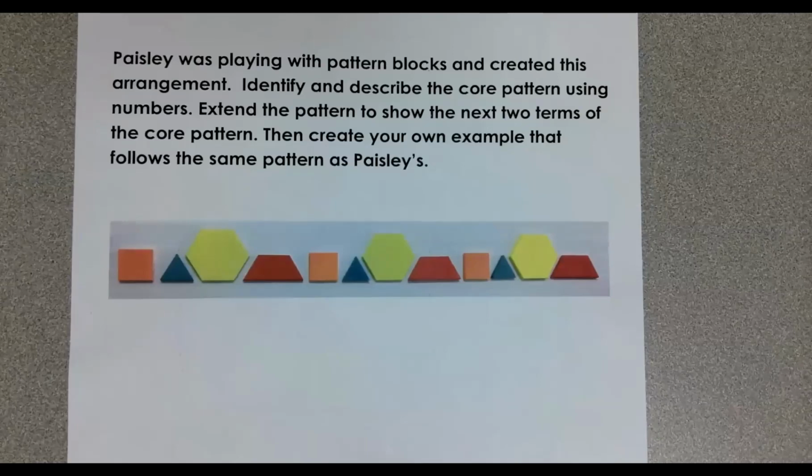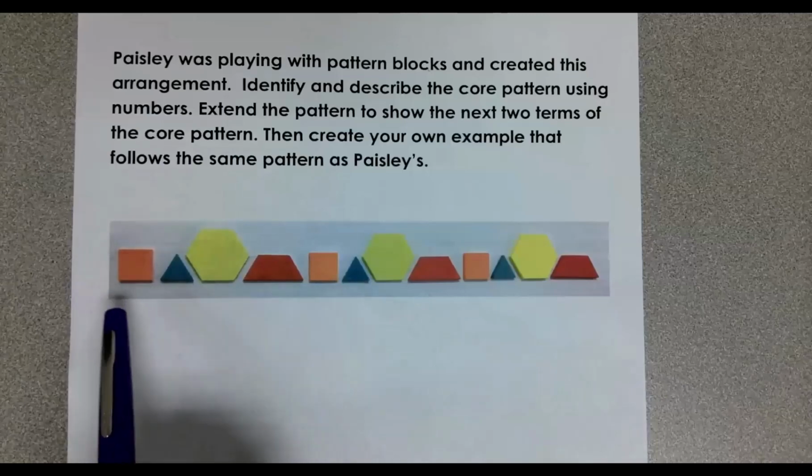Then create your own example that follows the same pattern as Paisley's. Well, in this example, we can see that there is a series of pattern blocks. I know we're looking for a numerical pattern. So in this particular example, we will look at the number of sides as a way to describe the pattern.